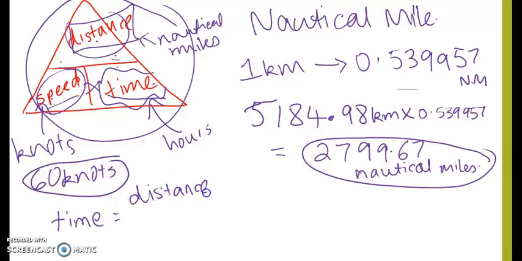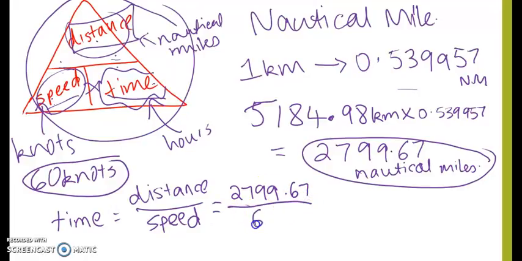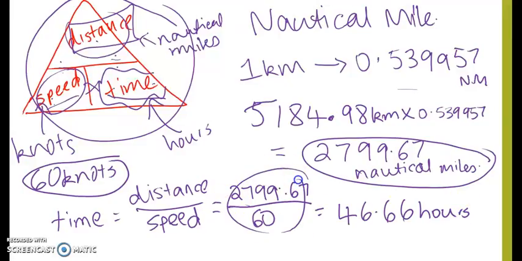Now the distance we've worked out is 2,799.67 nautical miles, and the speed that the flying boat will be travelling at is 60 knots. Let's work out the time taken for this flying boat to undertake this travel. 46.66 hours is what this calculation equals.